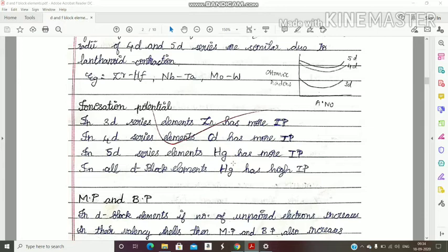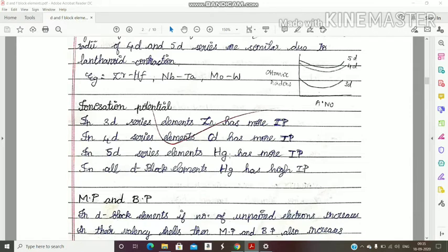This is a very important point because compared to zinc, here zinc atomic number 30, cadmium 48, mercury 80. That means compared to zinc, mercury has more atomic number, and here effective nuclear attraction will be more.